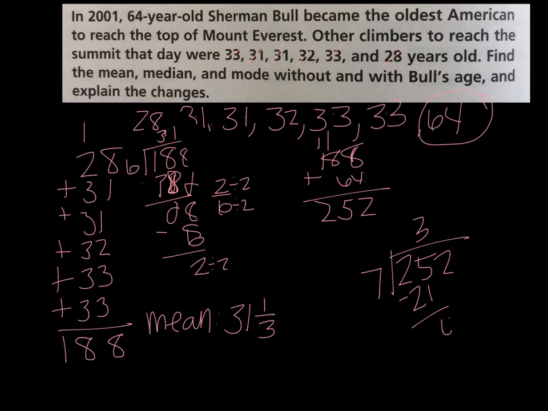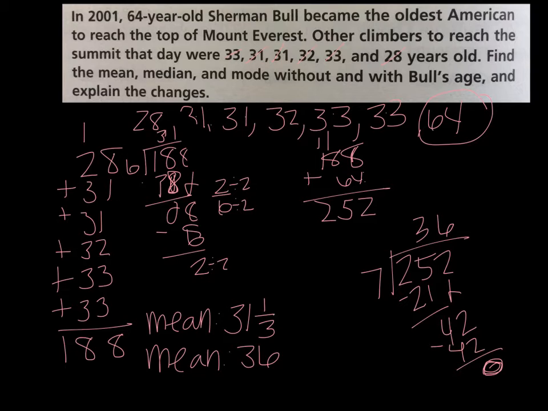I'd subtract that out, I get 4. 7 goes into 42 6 times. That'd be 0, sorry. So the mean with his age is 36. The mean without his age is 31 1/3. So that's quite a big change, just finding the mean.